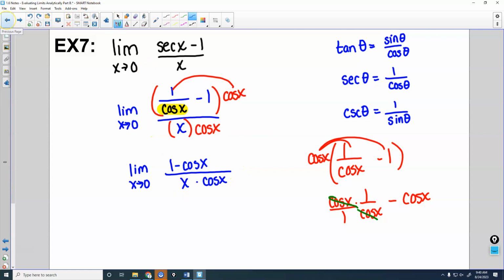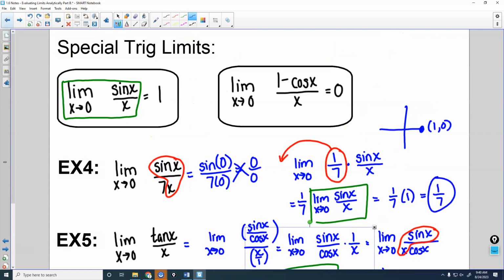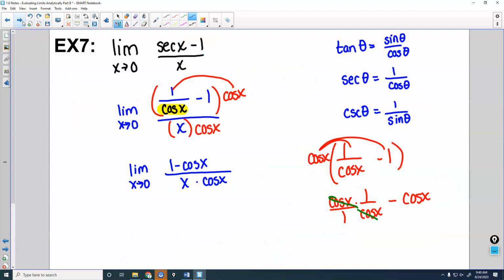So if I look back at those special limits, you can see we had this other one. It was 1 minus cosine x over x, and that equals 0. So whenever I do that limit, I'm going to get 0. I'm going to write it out as specifically as I can, but if you skip this step, it's okay.